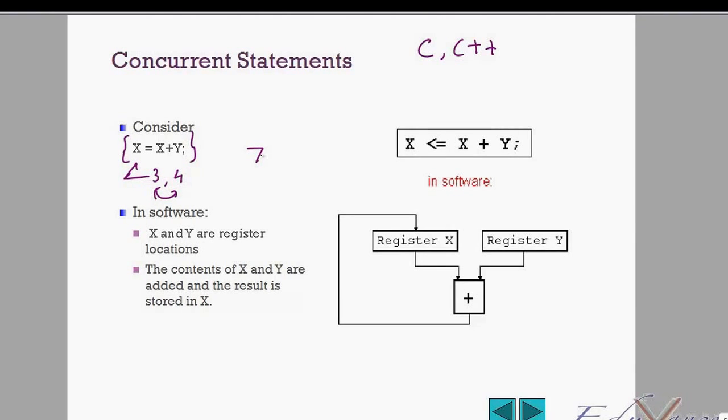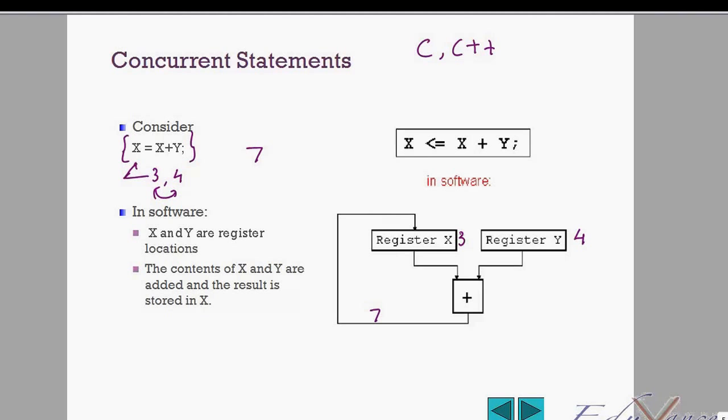In effect, the result here is 7, which then gets stored back into x after some delay. But to store it, your computer gives you a register when written in software.